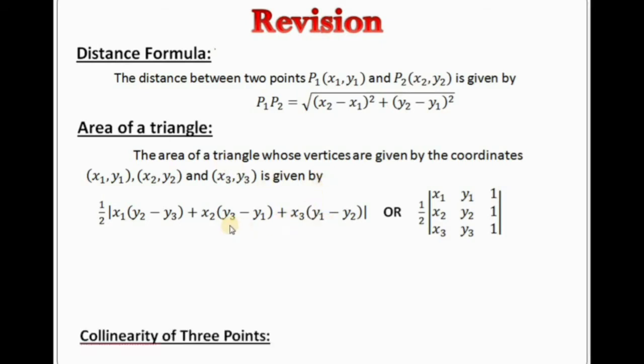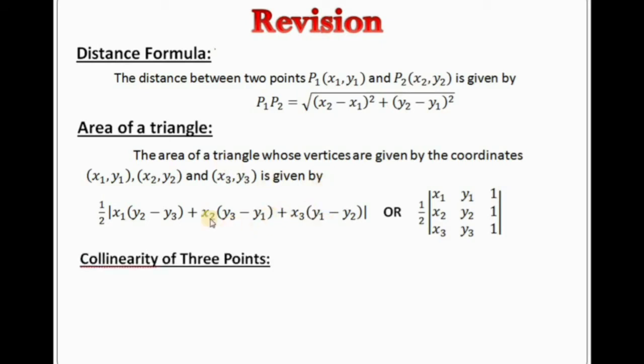So by then we will be using this as the area of a triangle formula. Next is collinearity of 3 points. If the 3 points lie in the same straight line, then those 3 points are known as collinear points. Suppose the points are x1, y1, x2, y2 and x3, y3. If these three lie in the same straight line, then the area of the triangle becomes 0.